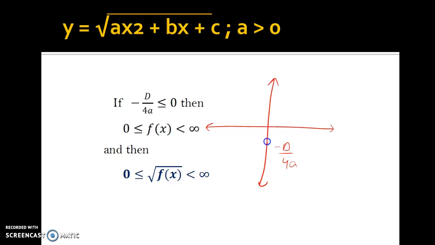Now, square root of a negative number is not defined, so we cancel all these values and start over from 0 up to infinity. We take the values of f(x) from 0 to infinity, and then taking square root, we get the range of square root of ax square plus bx plus c.